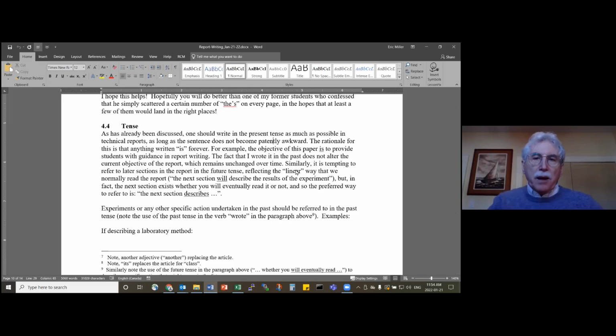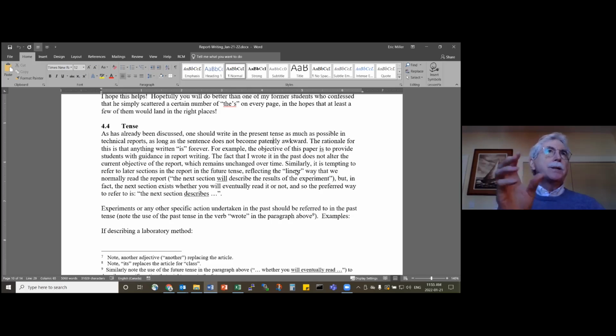So as I say, the objective of this paper is to provide students with guidance in report writing. The fact that I wrote this a while ago doesn't matter. Similarly, when we're writing and talking about what's coming ahead, like in an introduction, it seems very natural to say, "Section 2 will talk about this." And that's okay if you're consistent with that.